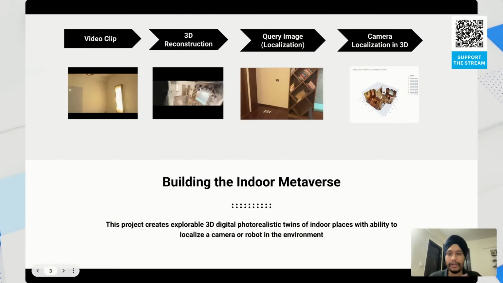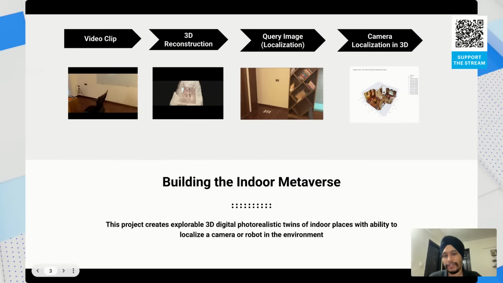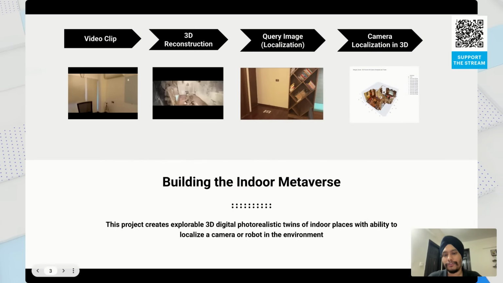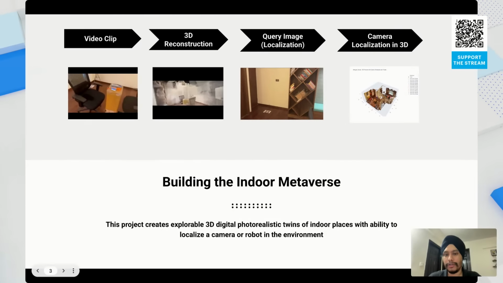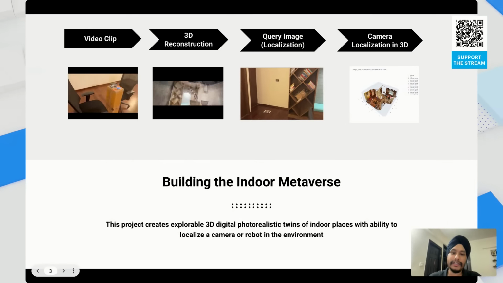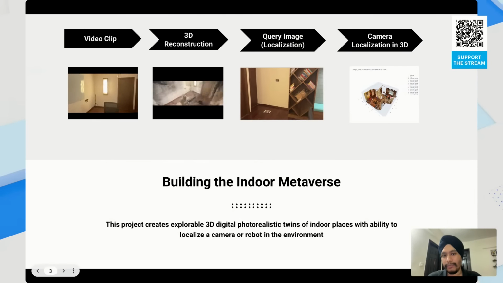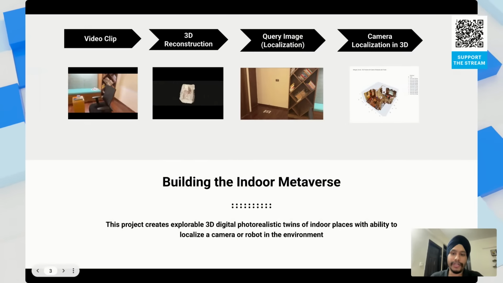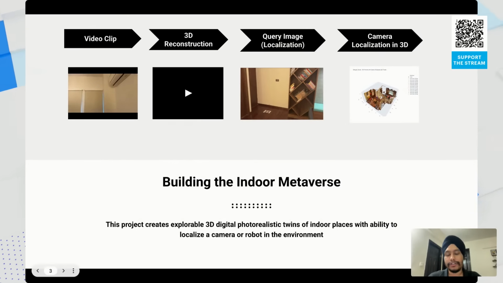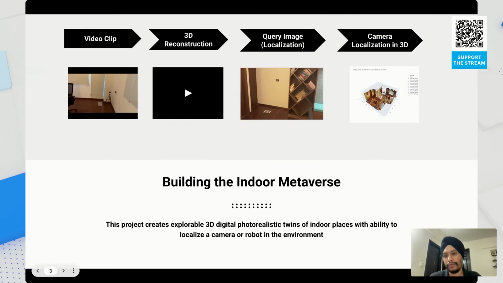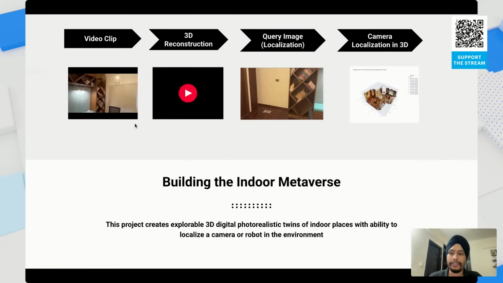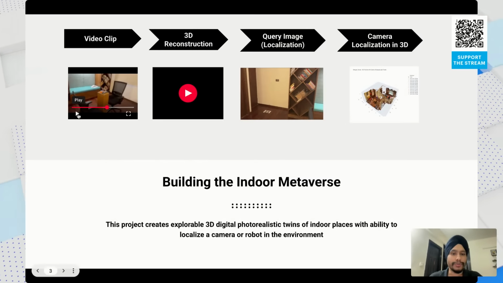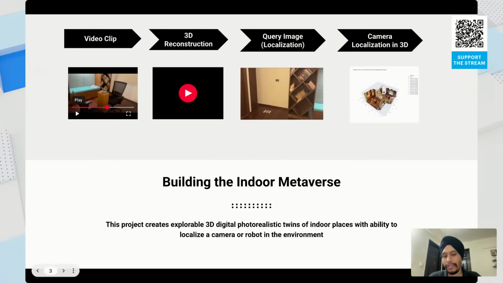We'll go into details on each step, but this is an overview. Then, let's say you come the next day and take an image standing in the room. We should be able to tell you, in that 3D reconstruction, where you are standing, or the position of the camera which took that picture.